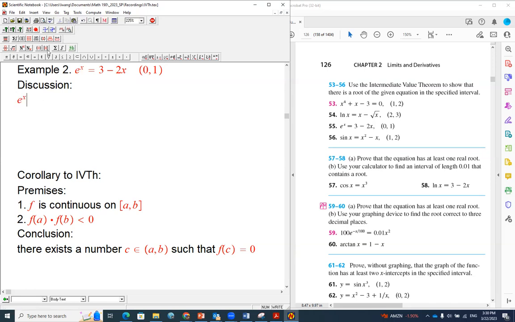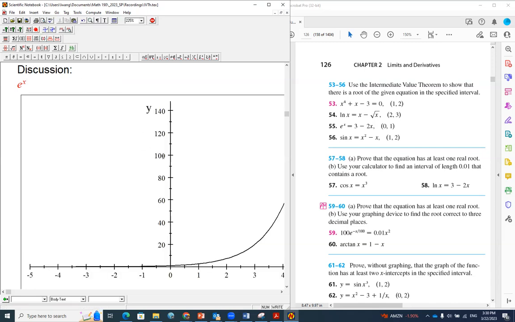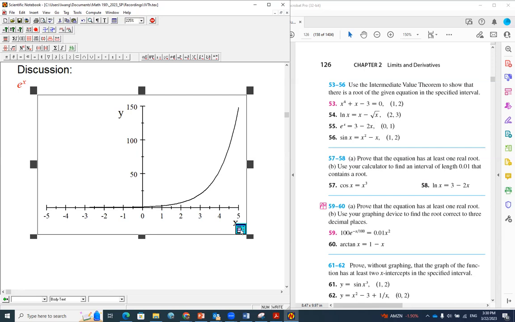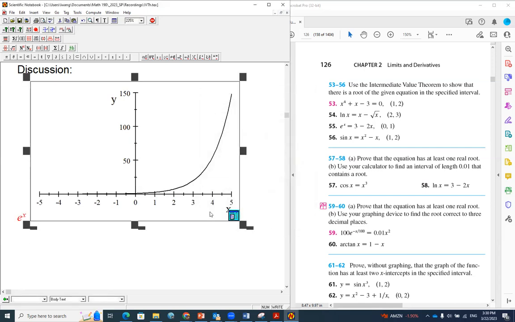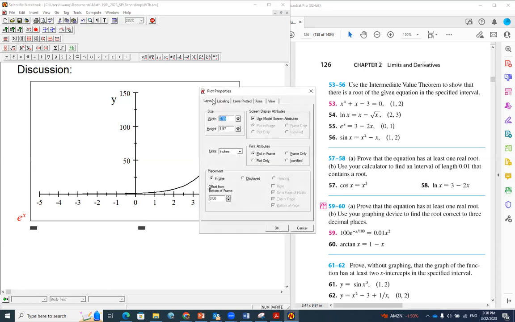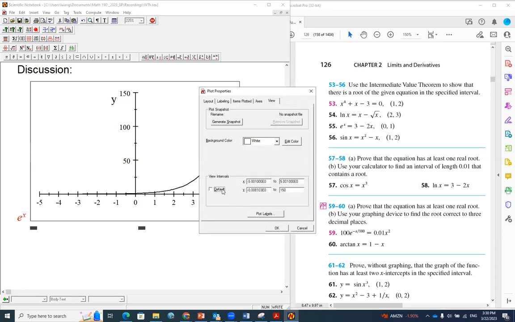E to the power x. If I draw a picture right here, I'm making some adjustments, from -2 to say 10.